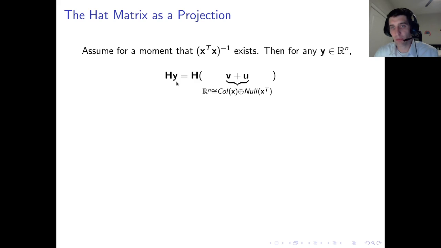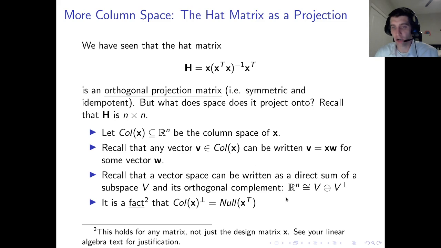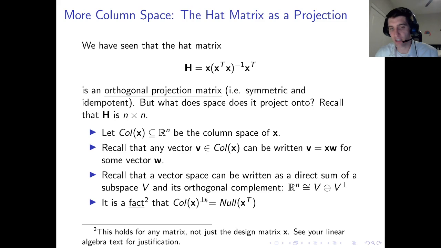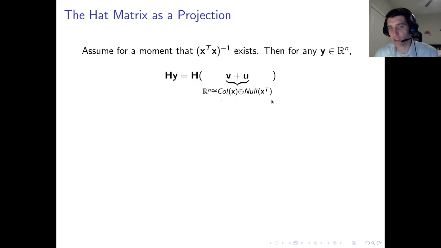Remember that any vector in Rn can be decomposed into V plus U, a sum of a vector in a subspace and a vector in its orthogonal complement. So I'm writing this vector Y as how much of it is in the column space, that's V, and then how much of it is in the orthogonal complement, that's U. But we know from this last fact that the orthogonal complement is equal to the null space of X transpose.